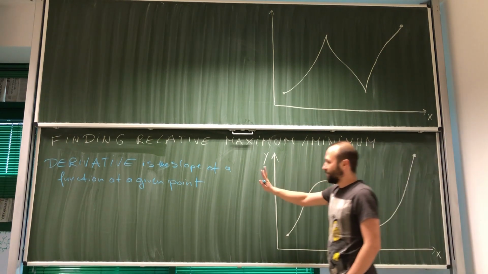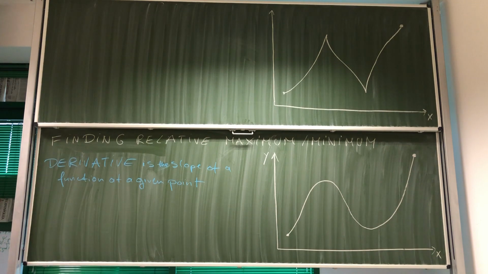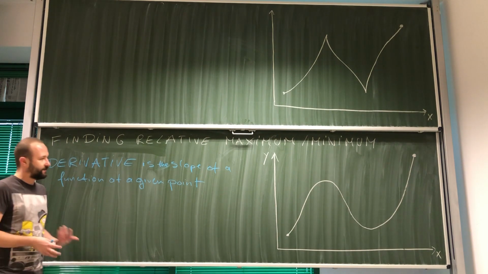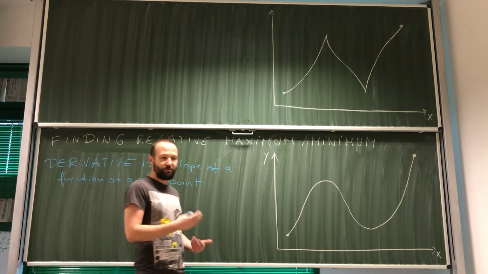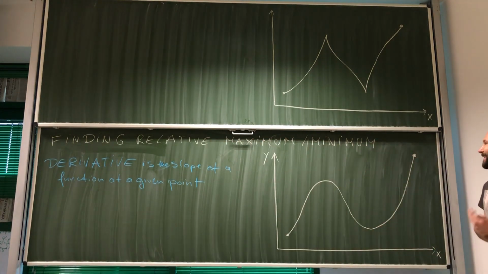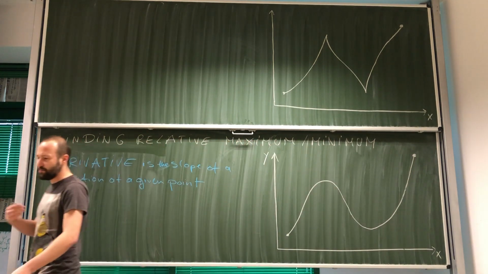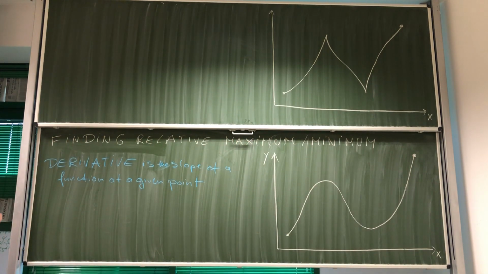We will go back to it in a second when I show you how we can actually use derivatives to find the maximum or minimum of a function. But before we go to it, let's discuss what those minima and maxima actually are.